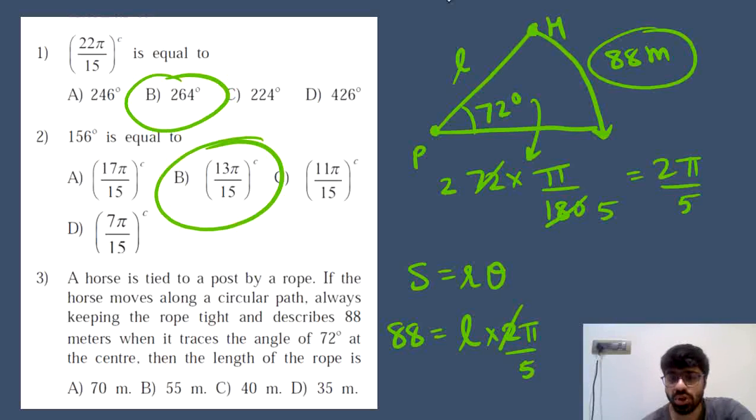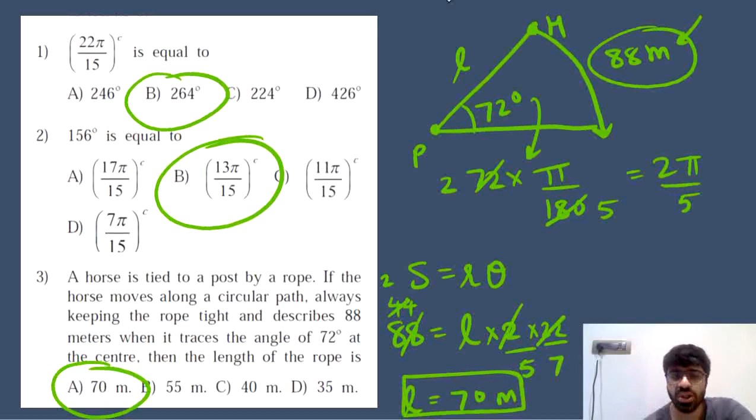So you can cancel off this 2 and 88 here. That would give you 44. You can put pi as 22 upon 7. Because when you do that, 22 and 44 get cancelled, giving you a 2 on the left. And the length of rope finally turns out to be 70. And because this was in meters, the length of rope will be 70 meters. Okay, 70 meters given in option A. So option A out there is the right answer.